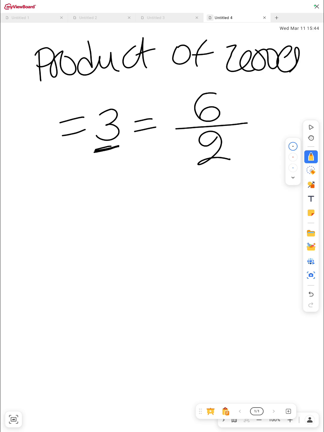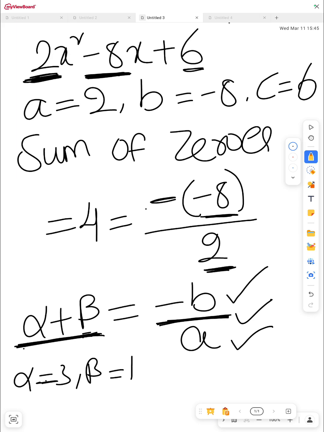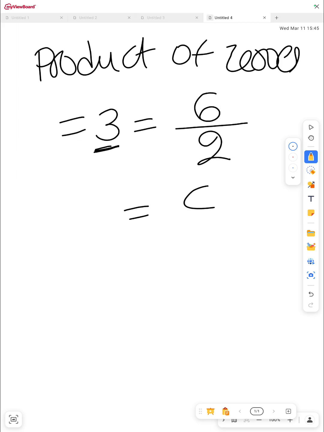But here we need to find the relation. What is the relation? The value 6 is the constant value and 2 is the coefficient of x square, which is c by a. So this is the relationship between the zeros and the coefficients.